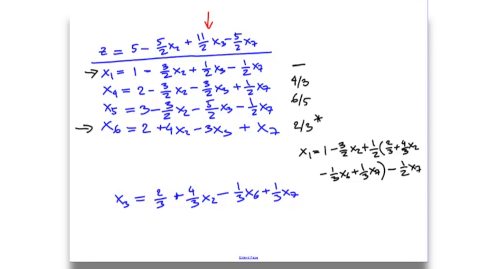So this is what we get from here. Now let's just compute the constant part, because this is what will be the new value for this basic variable after we complete the pivot.